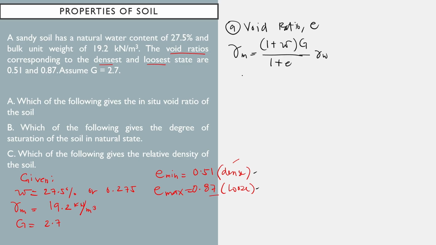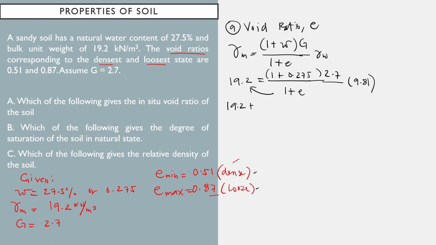So, from that, makukuha natin yung void ratio natin. So, 19.2, substitute na lang natin, is equal to 1 plus 0.275 times yung G natin na 2.7, and then 1 plus E times yung unit weight ng water na 9.81. Ayan.